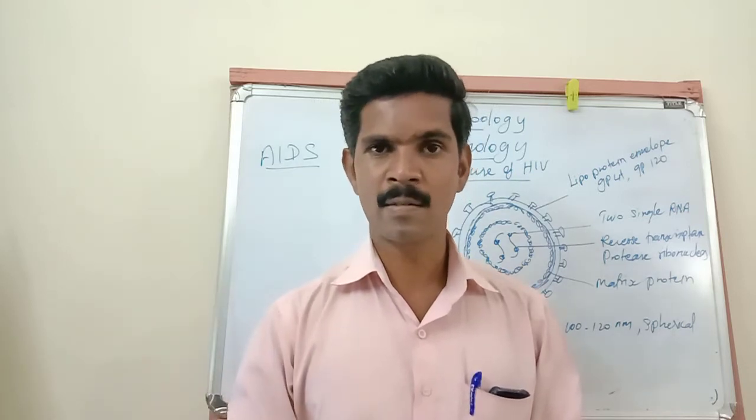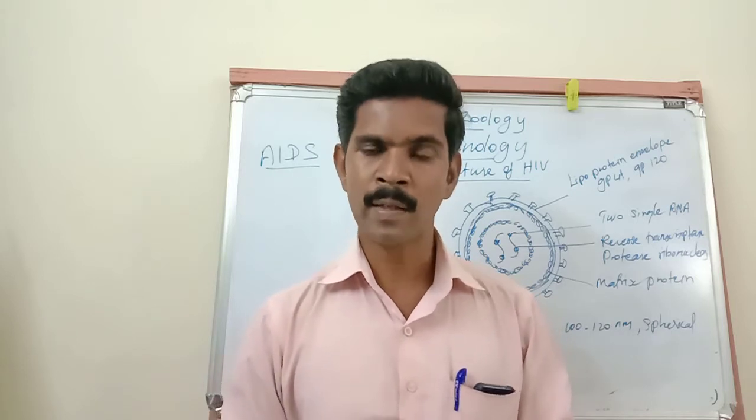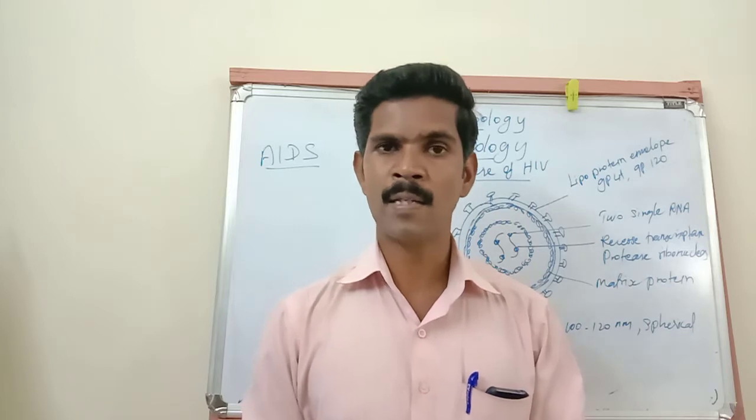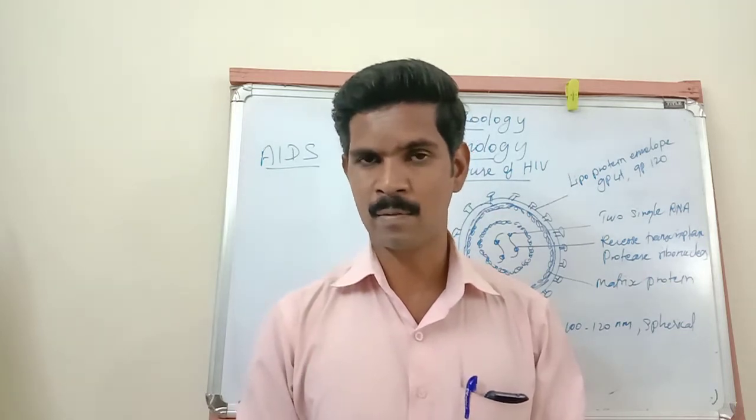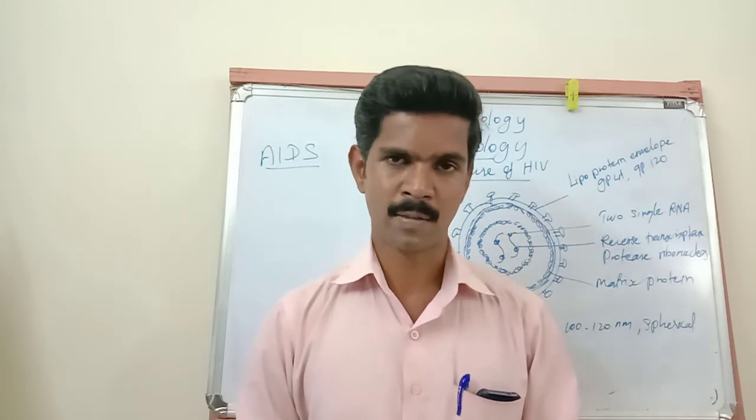When B cells are stimulated, they can produce antibodies. So antibodies are produced by the B cells, but to produce these antibodies, the B cells should be stimulated, and for that the T helper cells are very important.